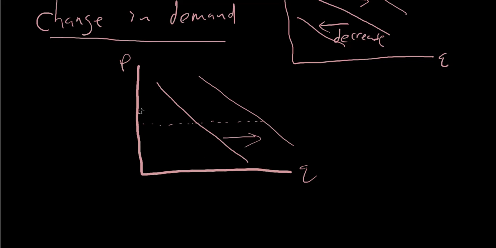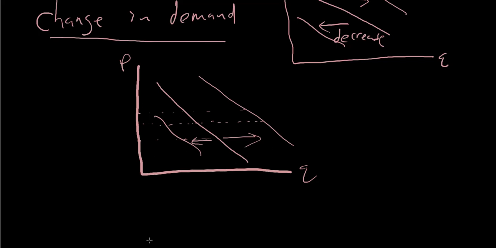And that happens for every price level. So quantity demanded will increase for all price levels, right? Likewise, if there's a decrease in demand, what that means is even if the price hasn't changed, there is a decrease in the quantity demanded for every price level, right?